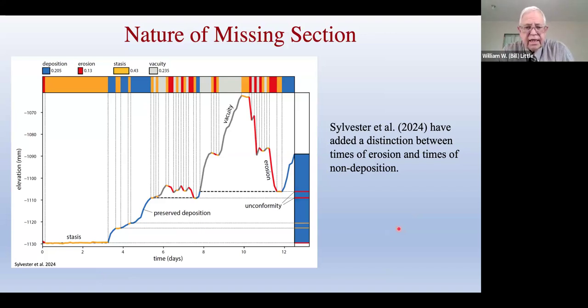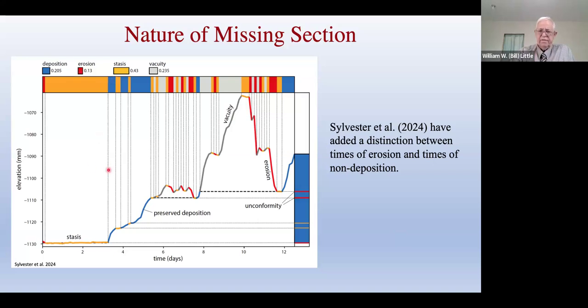What Sylvester did here is add another component to this scheme. First of all, there are periods that aren't only eroded, but periods in which there is virtually no deposition that takes place. He refers to this as stasis.